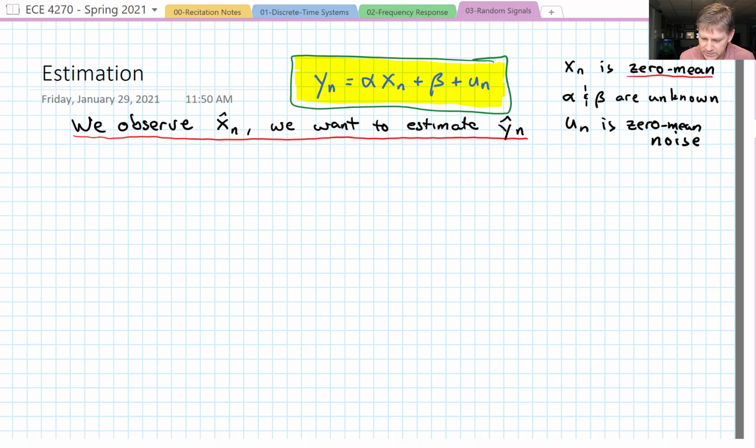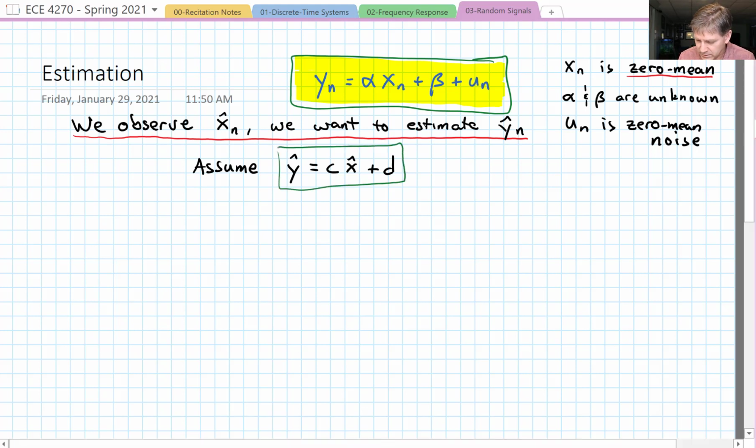In this particular problem, we're going to use an estimator where y hat is equal to c x hat plus d.